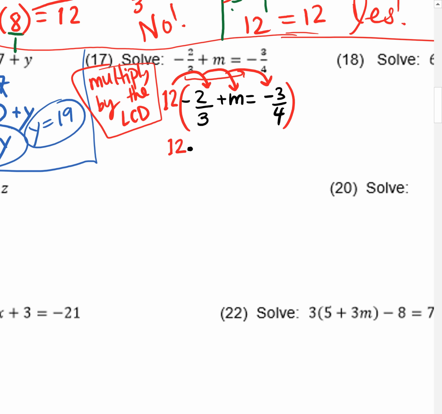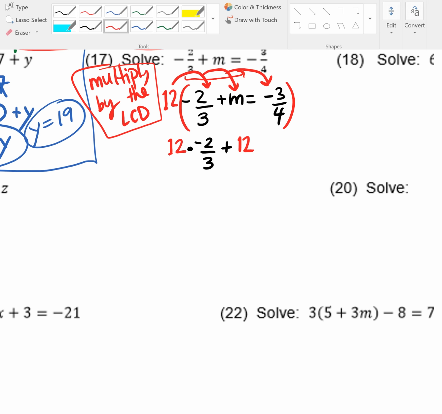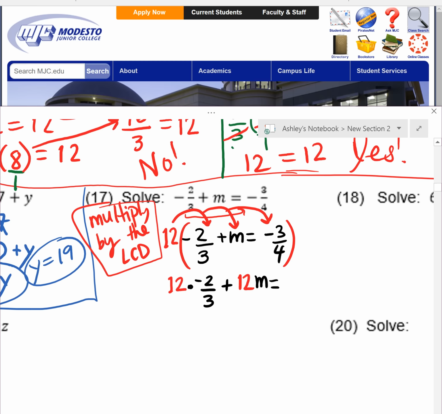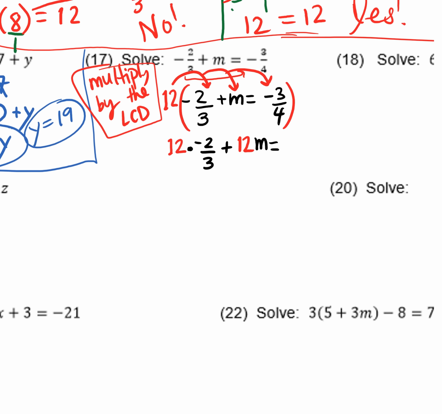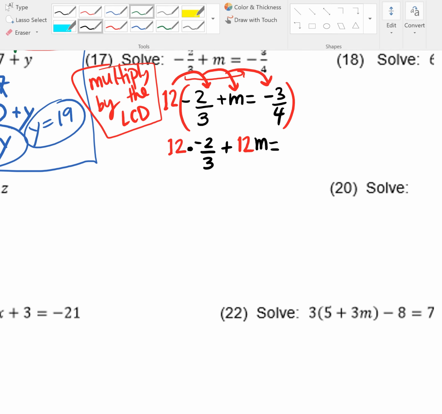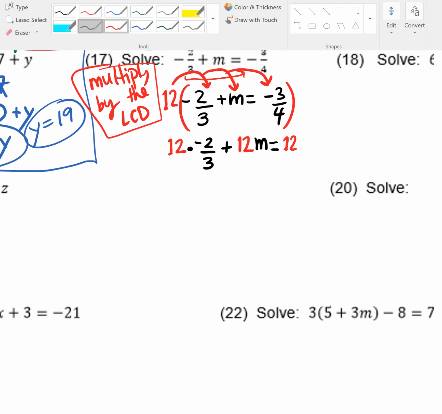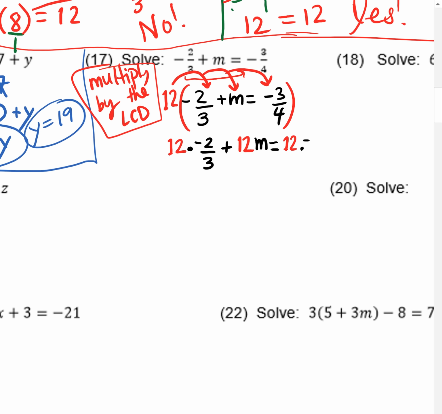12 times the first fraction, I'm going to write that out and see what happens there later. And then 12 times m, of course we know what that means, 12m. So that one's not a big deal. Equals 12 times the fraction on the other side, negative 3/4.